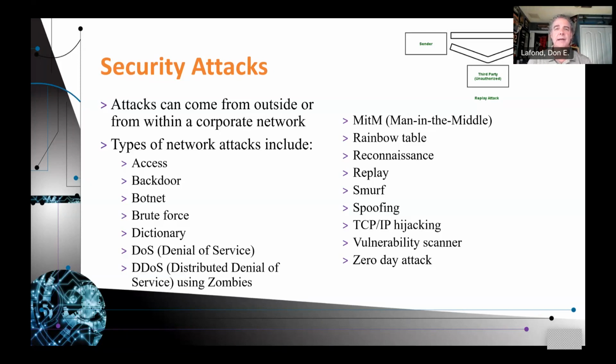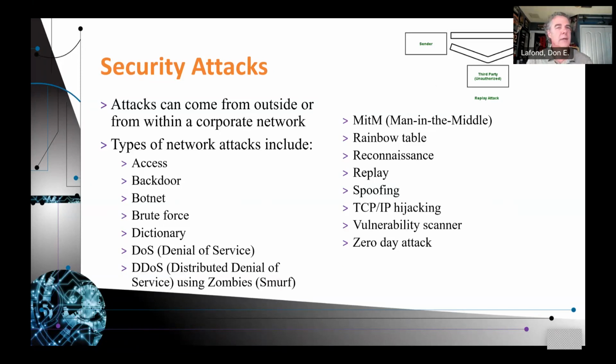Smurf, that's a term. I moved Smurf to DDoS because it's a type of DDoS. Basically, it's a small program that ultimately creates a big problem in the network. It's the name of a program that's used for DDoS attacks. Then they talk about spoofing. I mentioned that earlier when I was talking about man in the middle, basically pretending you're someone else.